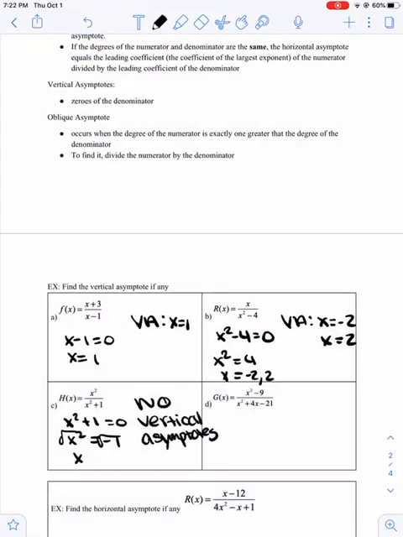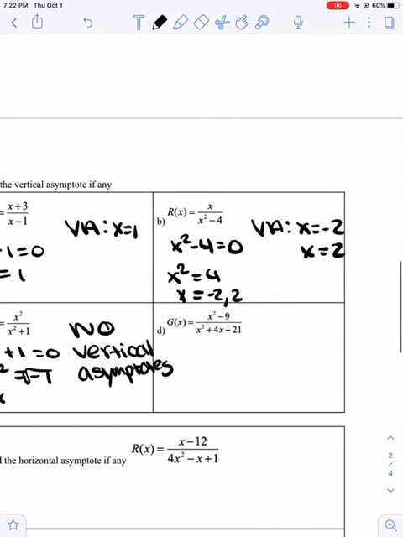Okay, this last one we need to go ahead and factor that denominator to set it equal to 0. So we have x squared plus 4x minus 21 equals 0. We're going to go ahead and factor, so we need two numbers that multiply to negative 21 and add to 4. That is 7 and negative 3.